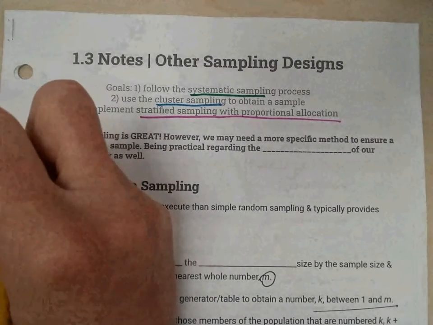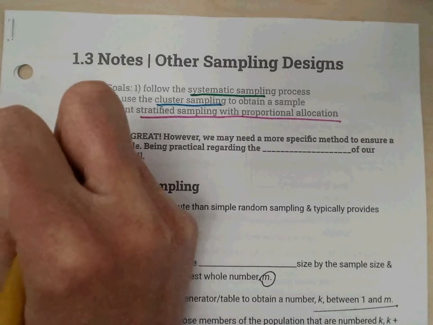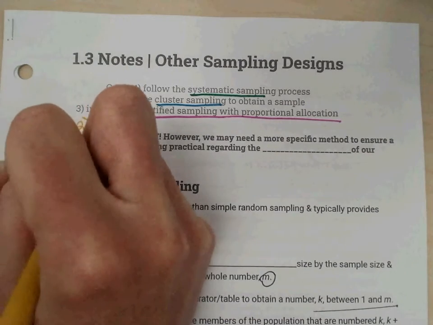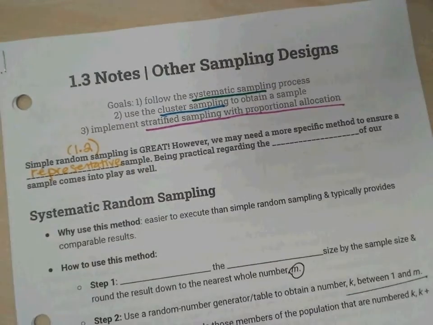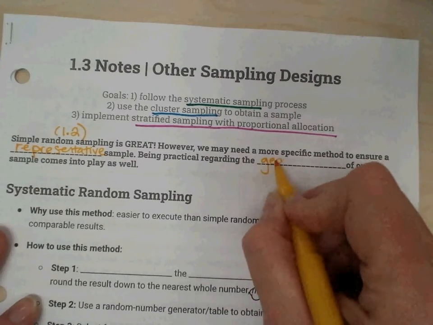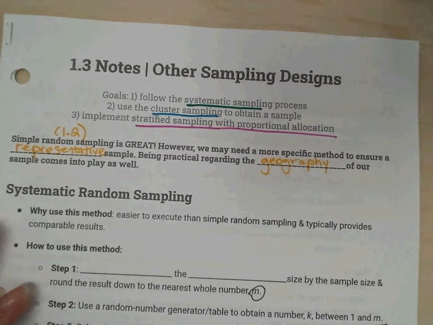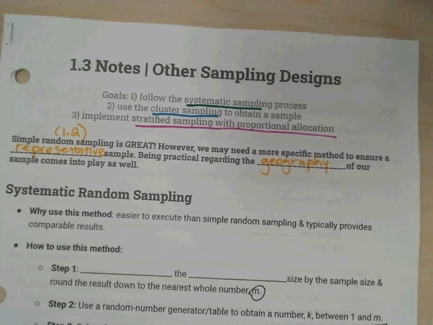Always got to have that representative sample. Being practical regarding the geography of our sample comes into play as well. So there's like practical pieces and then accuracy pieces that we have to navigate.